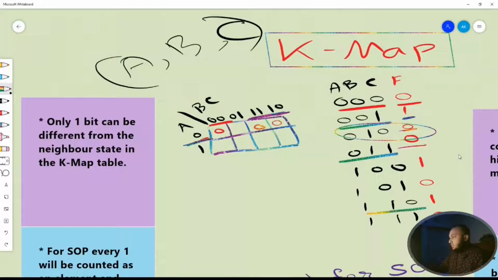For 1 1 0, which is here, because the 1 means second row, 1 0 means last column, which indicates this box, so we will put 1 here. Similarly, you can put the other outputs. So this is the first point.